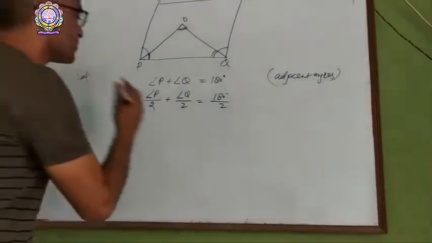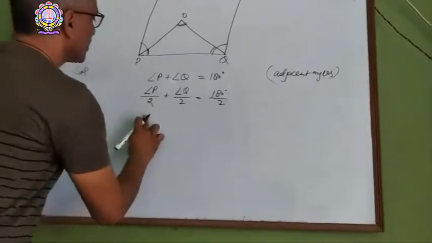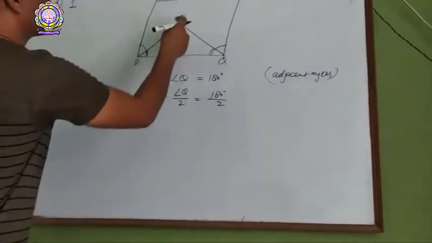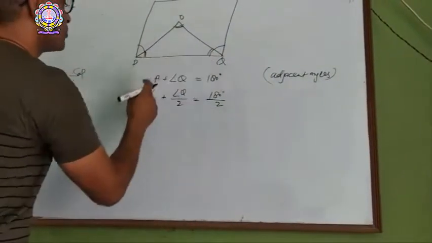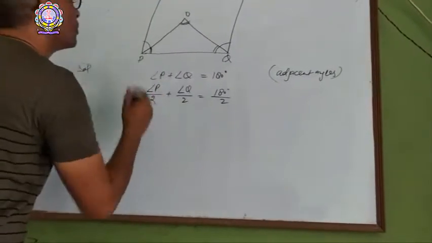Okay, it means angle P upon 2 is angle OPQ. This is angle P upon 2.